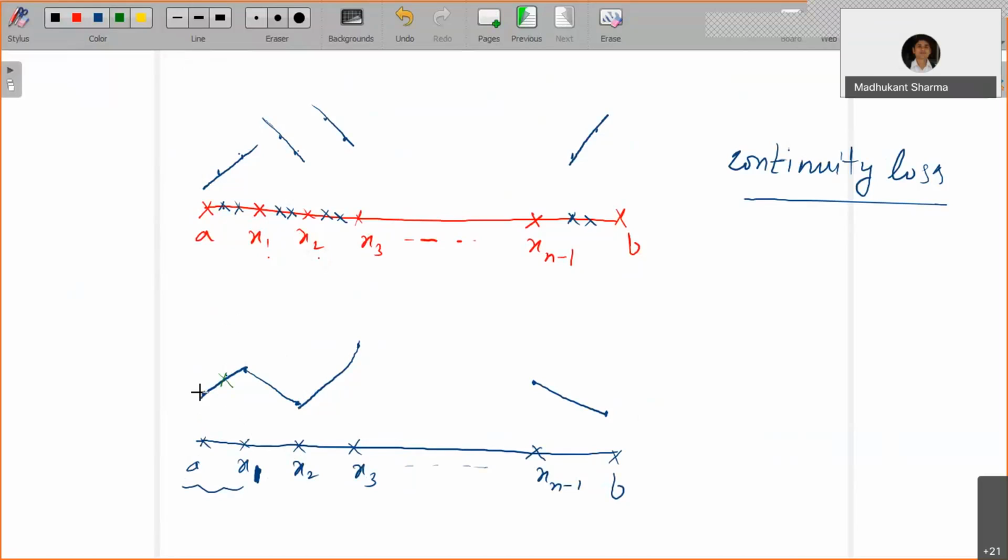But at these points, you lose the differentiability. So continuity is preserved here and the differentiability is lost. So overall, it is a continuous function only.